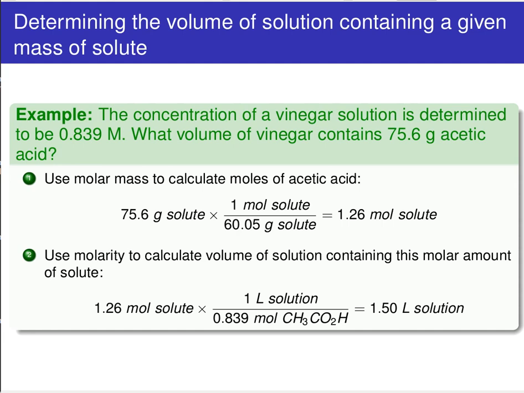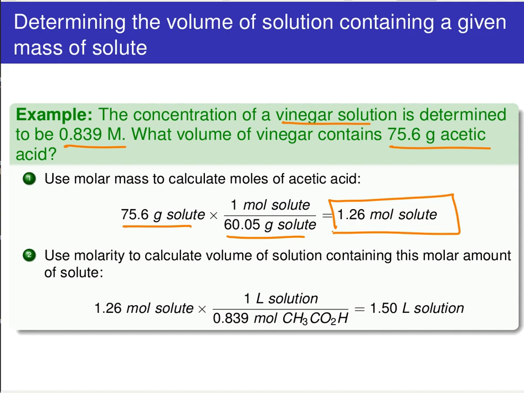This final problem is giving us the concentration of a vinegar solution. We know the concentration, 0.839 molar, and we want to figure out what volume of vinegar would be required to come up with 75.6 grams of acetic acid. So the first step is going to be to take this mass of acetic acid, divide by the molar mass once again, to get the number of moles of our solute acetic acid.